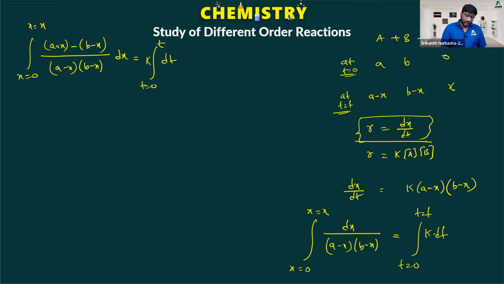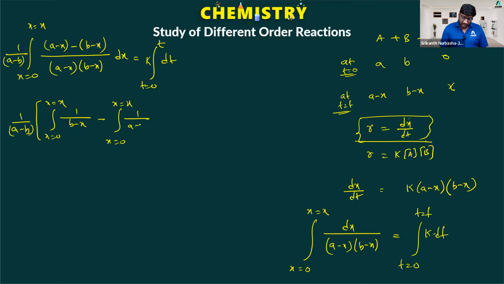Here in the numerator we have a minus b, so I am just dividing with a minus b. So 1 by a minus b into, I'll get an equation now, integral x from 0 to x, 1 by b minus x, minus integral x from 0 to x, 1 by a minus x, equals k into t, integral dt is t, 0 to t.